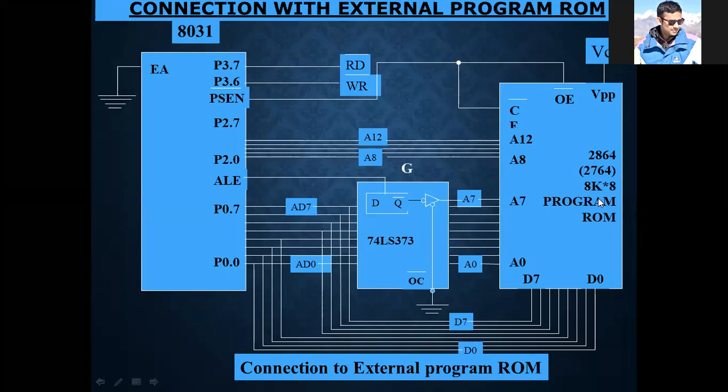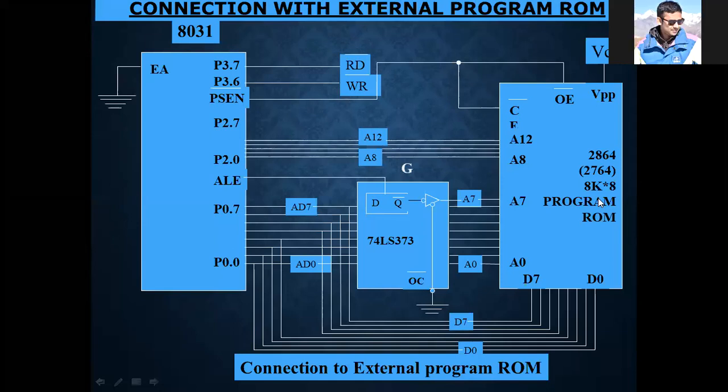So 13 address lines are needed to address this particular ROM. 13 address lines means A0 to A12. So here, what are the address lines that are used for chip enable? A13 to A15.